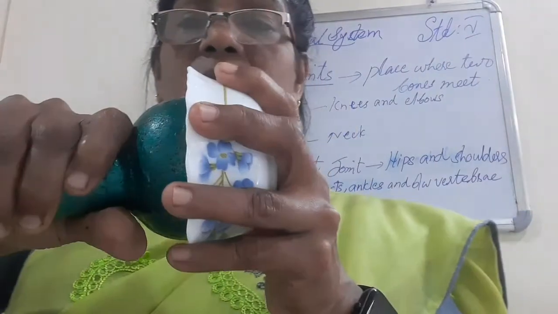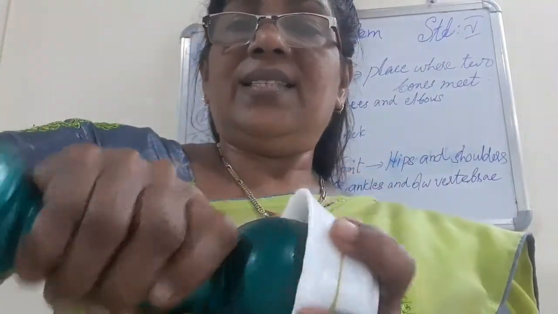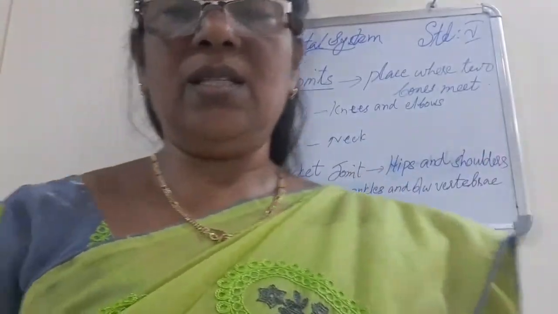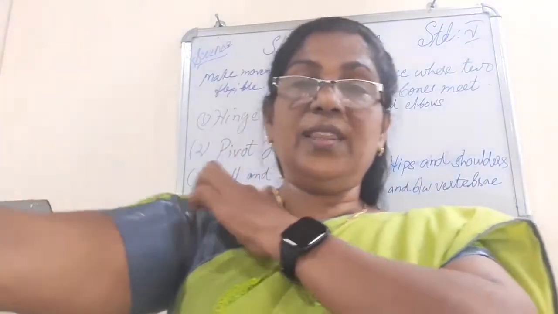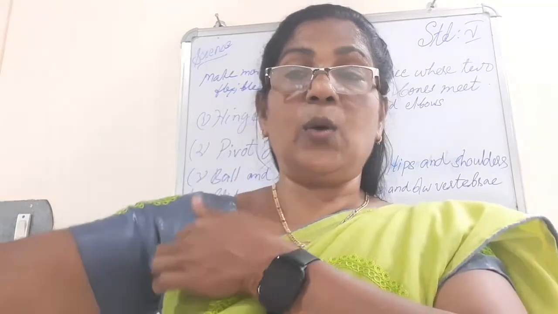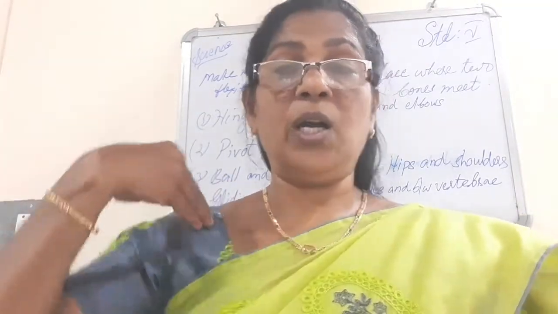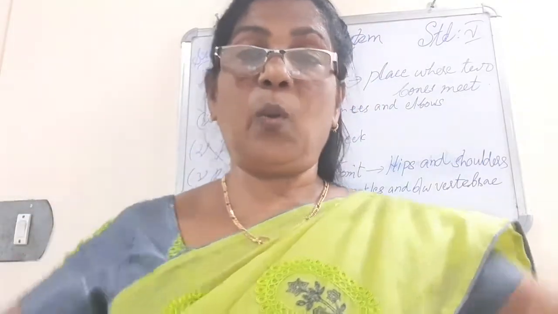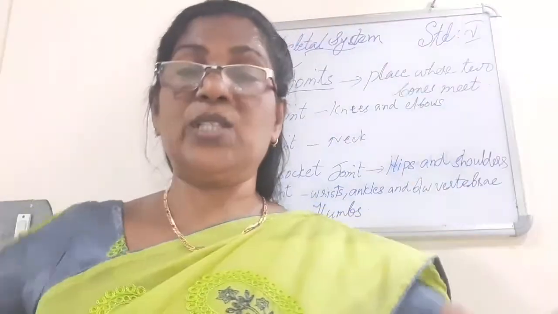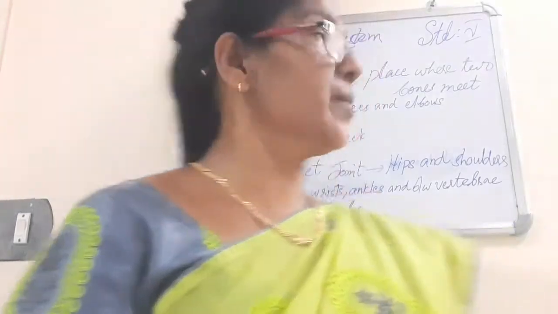So, this ball will be rotating in the socket. Okay, this is how a ball and socket joint works. So the rounded end of the humerus or the rounded end of the femur will be rotating upon the depression present in the shoulder bone or hip bone, so that it provides rotating movements. Full rotating movements will be allowed in the ball and socket joint.